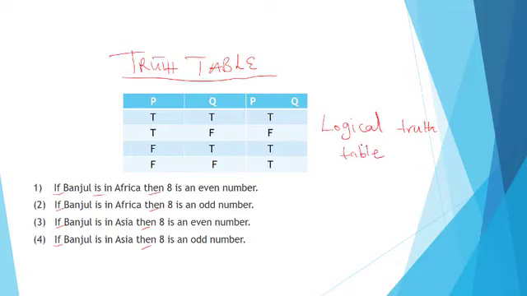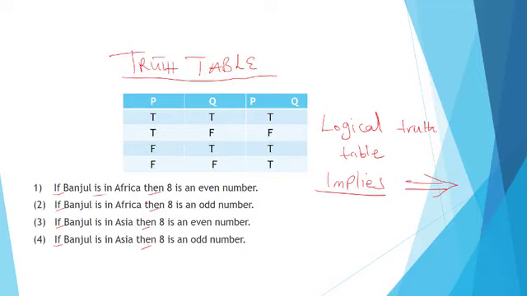When you want to present a conditional statement, you use the word implication, which means it implies, and you write the symbol for implication like this. It simply means this implies this. So we say if Banjul is in Africa, then 8 is an even number.